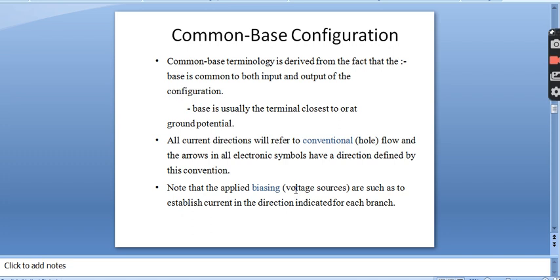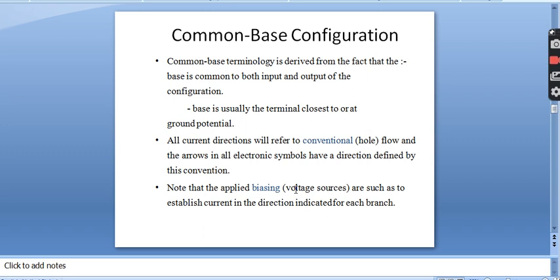So note that the applied biasing, that is the voltage sources, are such as to establish current in the direction indicated for each branch. This biasing is applied by the batteries, that is voltage sources. When we apply biasing to any electronic circuit, it establishes the current.